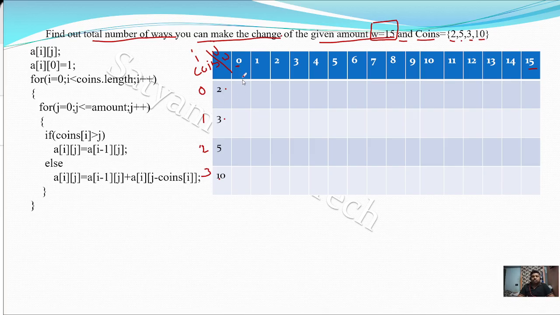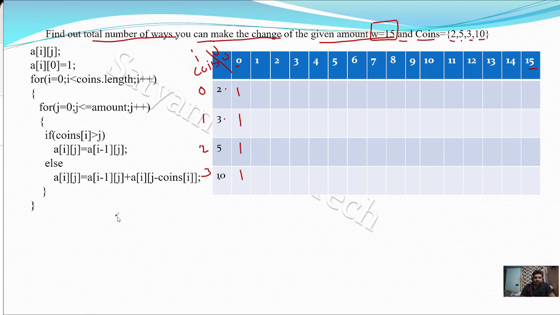How many ways to make 0? One way. That means you do not include the 2 rupee coin. Similarly, you do not include 2 and 3, or 2, 3 and 5. It is one way to make 0, by not including any of these coins.